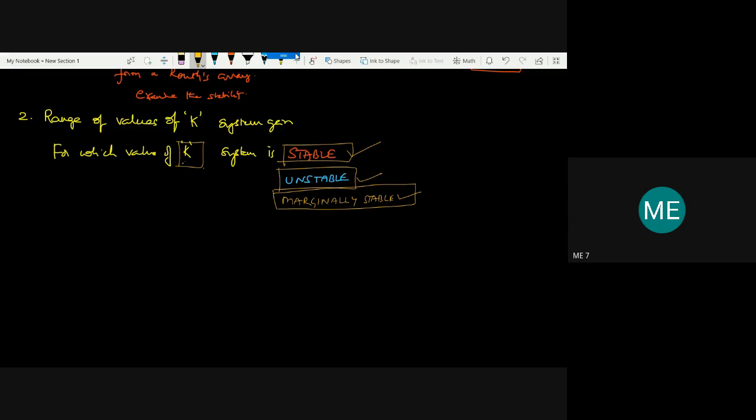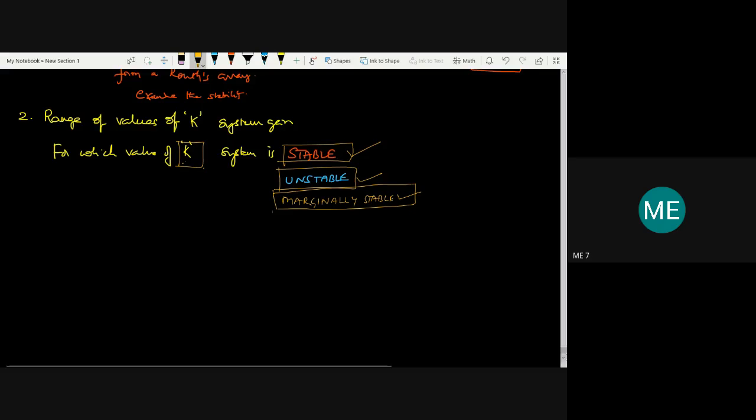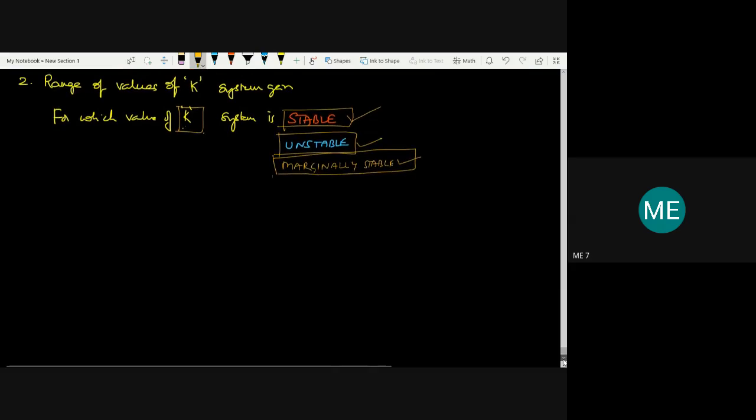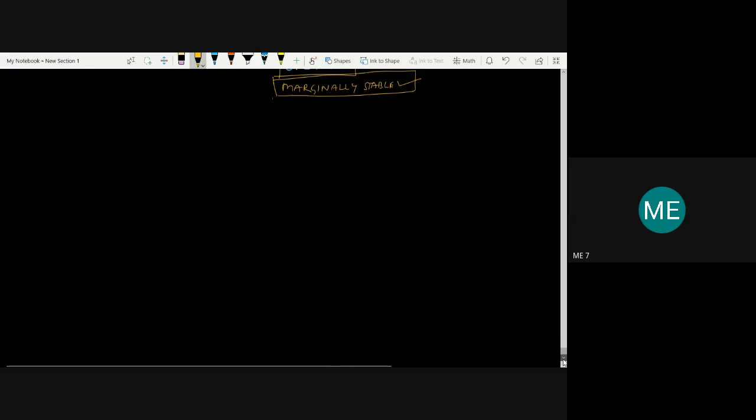Say, for example, we'll take finding the range of values of k. One example we'll take so that we can understand.